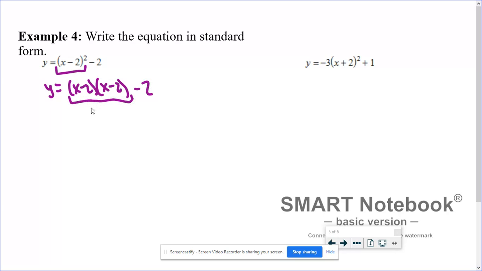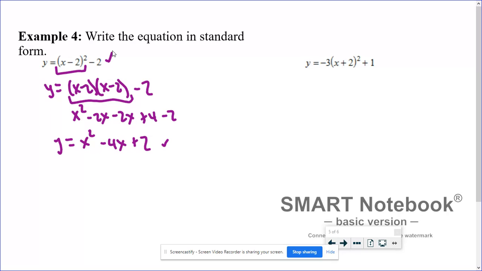Those are going to get FOILed together. So you get x squared minus 2x minus 2x plus 4 minus 2. Now I'm going to combine like terms. X squared minus 4x and then plus 2.